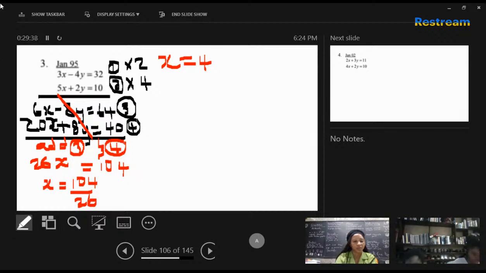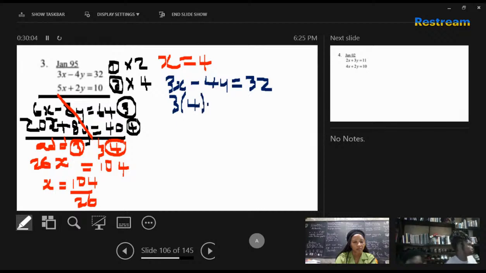So what do we do now? So now we are going to put it into equation 1. So 3x minus 4y equals 32. That would be 3 times 4 minus 4y equals 32, and that would be 12 minus 4y equals 32.